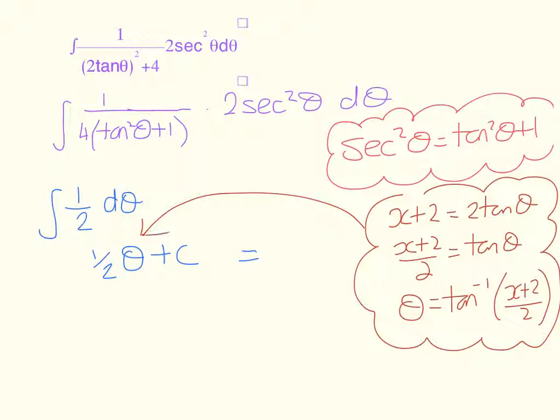I'm going to substitute this back into here, which gives me 1/2 inverse tan of x plus 2 over 2, plus c.